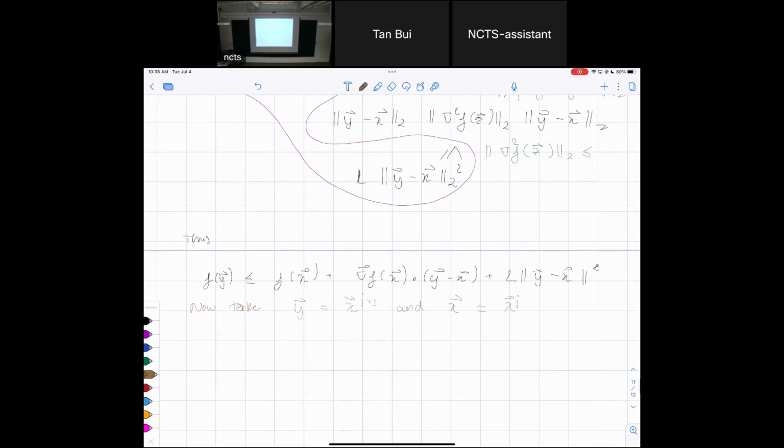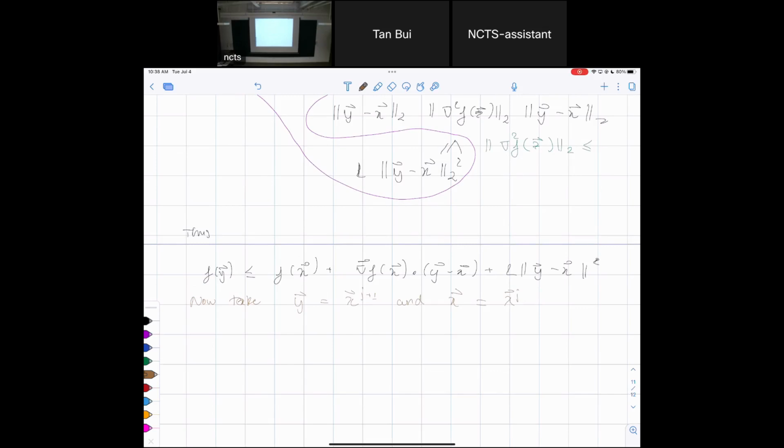So if we do so, let's just write one more time. f of x_{j+1} is less than or equal to f of x_j plus the gradient of f of x_j, dot x_{j+1} minus x_j, plus L times the norm of x_{j+1} minus x_j squared.